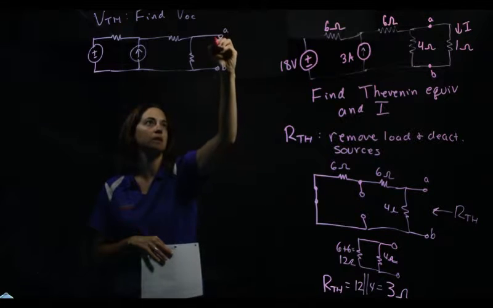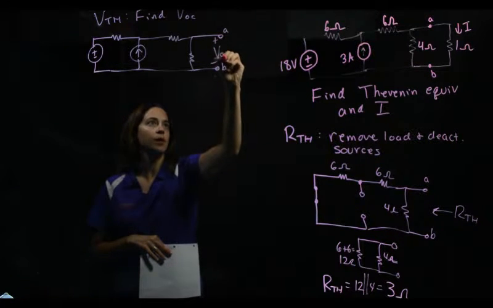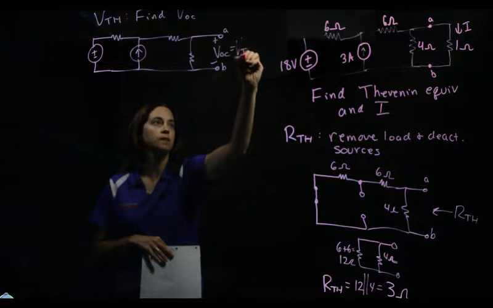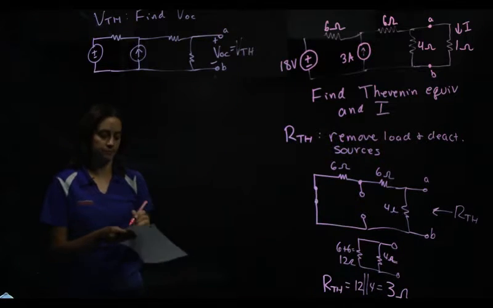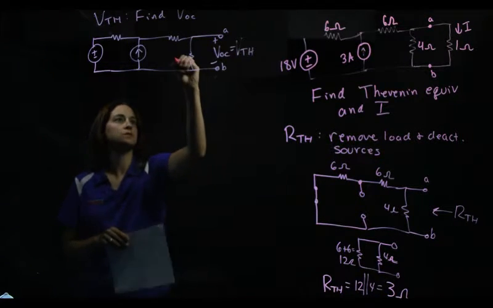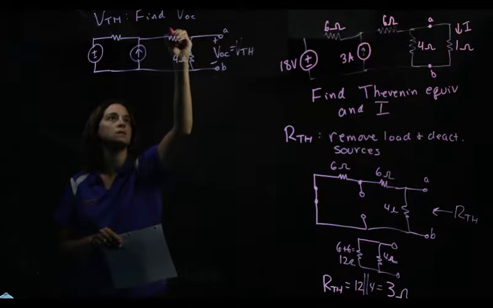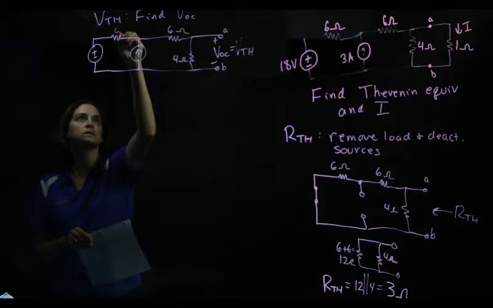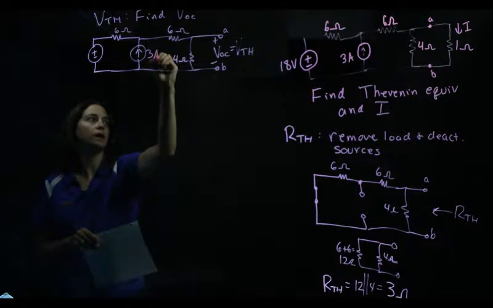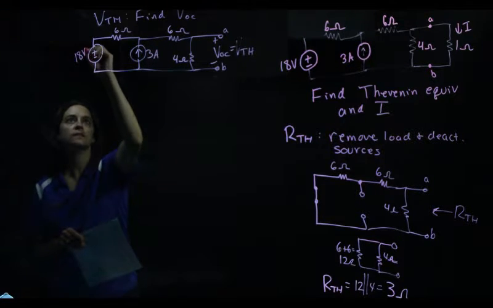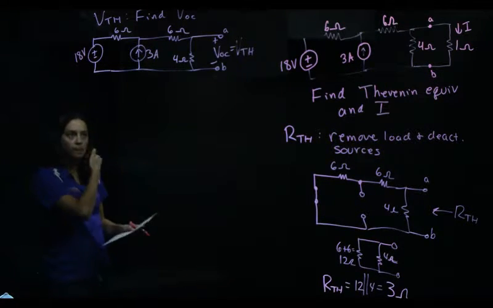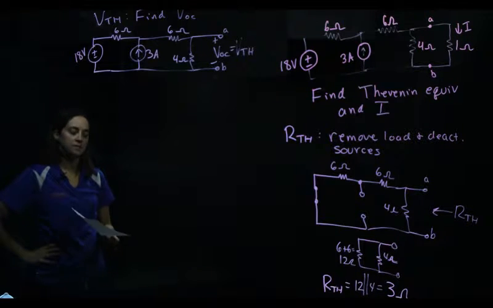So there's points AB, or V open circuit, or V Thevenin, whatever you want to call it. This is 4 ohms, 6, 6, 3 amps, and 18 volts. So let's find our V Thevenin.